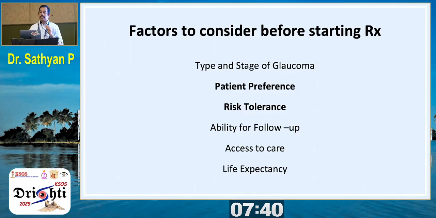The second factor is, once you establish the glaucoma, you need to understand the stage of the disease that the patient has and the patient's preference. How many times have you ever asked the patient, are you willing to use the medication? We are all the masters.